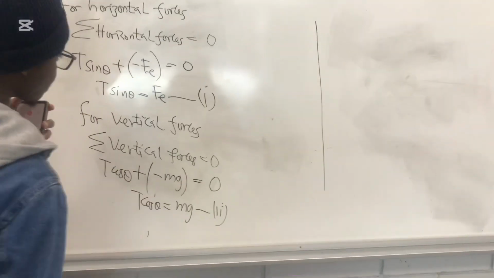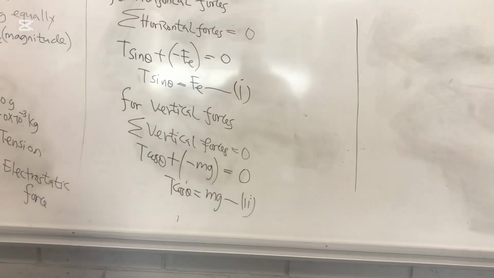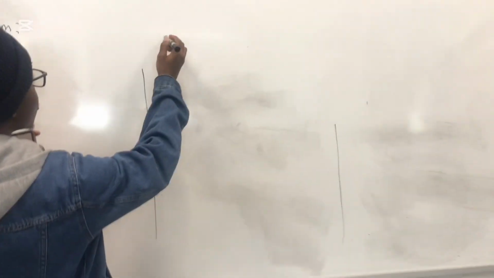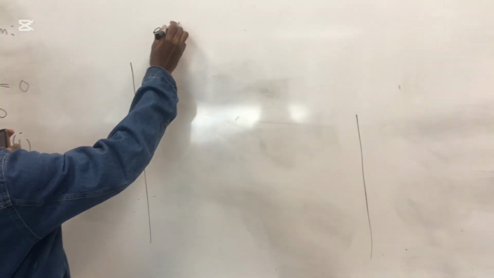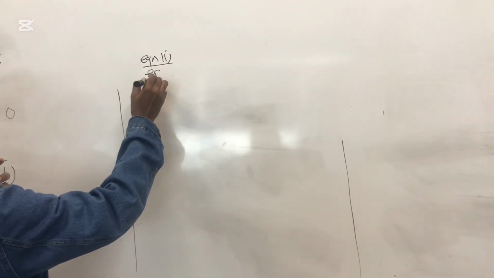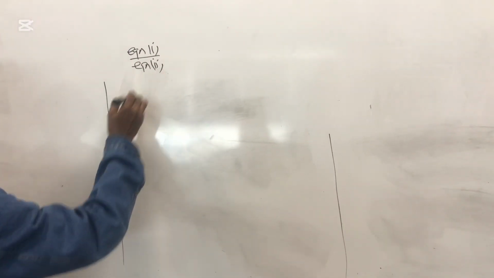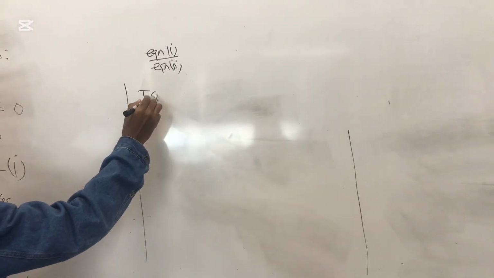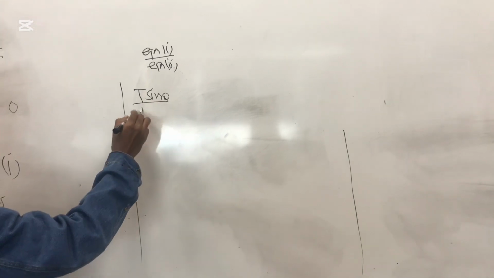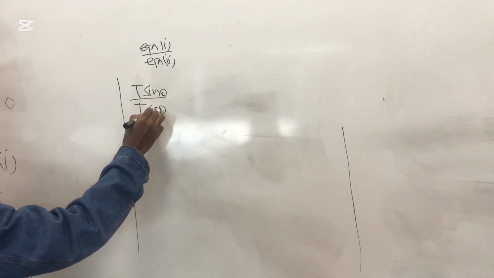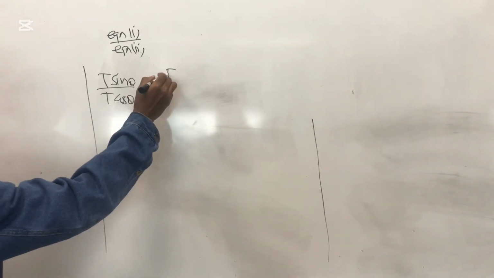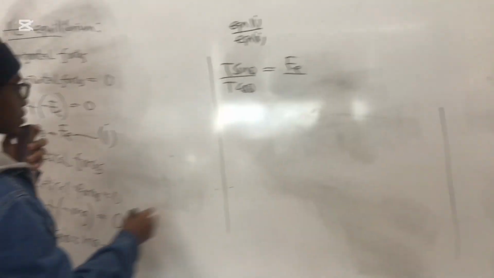So we have T, which we don't know. In order to eliminate T, we can take equation 1 divided by equation 2. What happens when we do that? It will be T sine of angle theta divided by T cosine of angle theta, equal to electrostatic force Fe divided by weight mg.